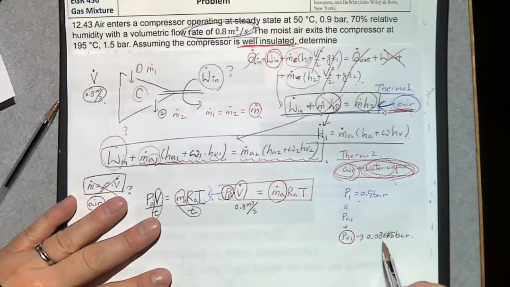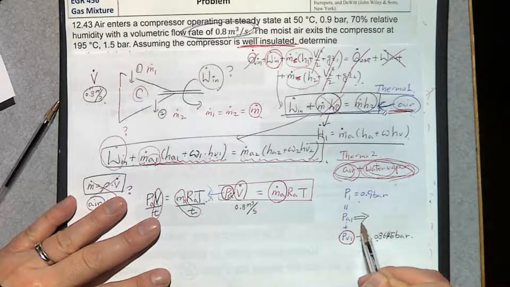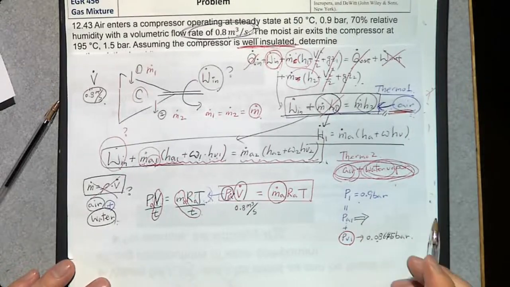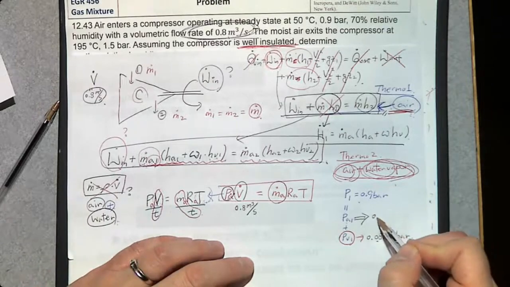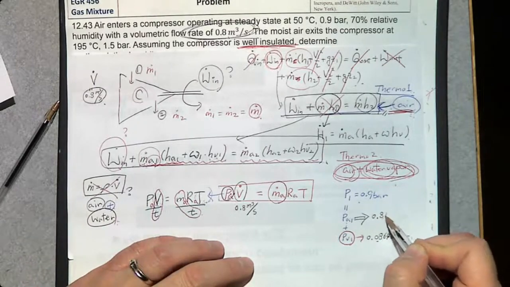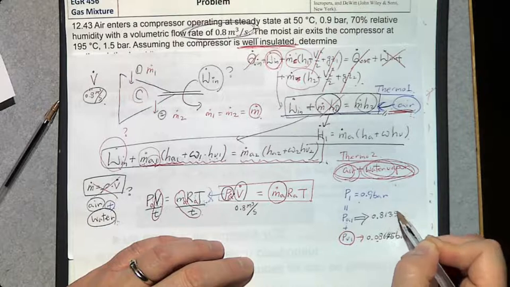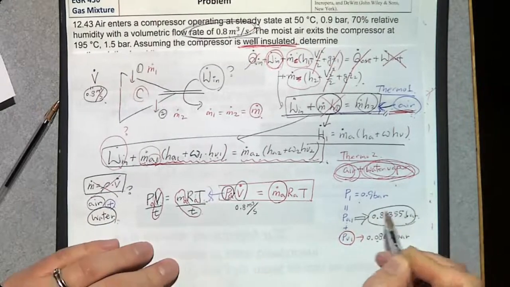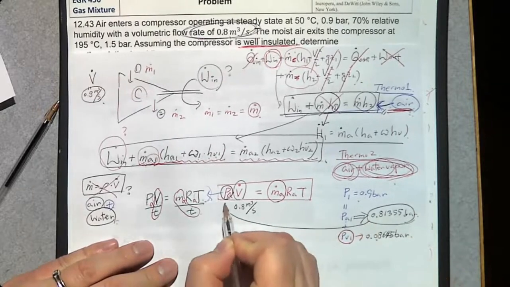Then 0.9 is this one plus PA1. So we can calculate PA1. It is 0.81355 bar. So this one goes here.